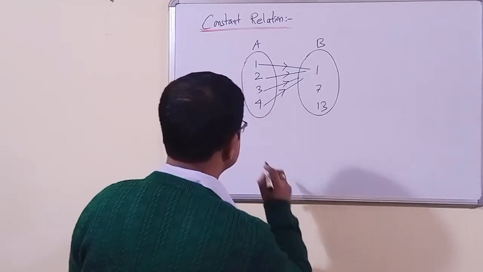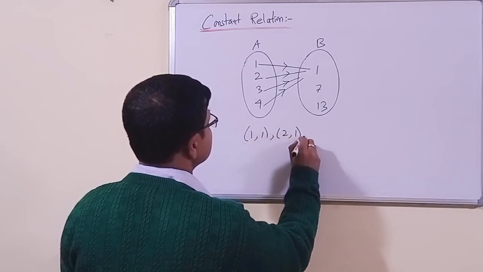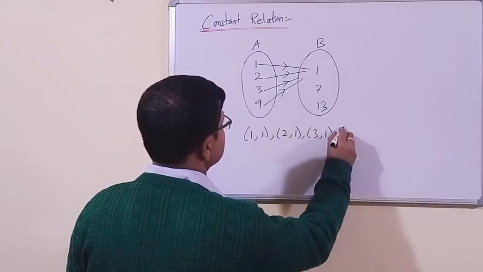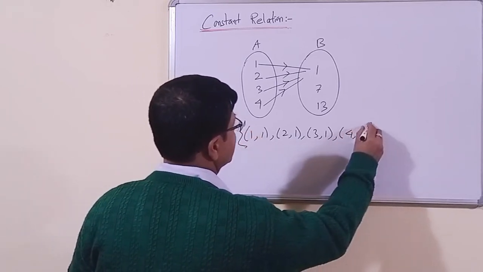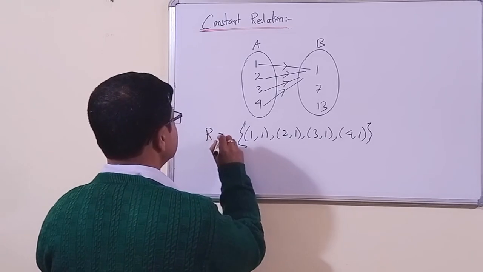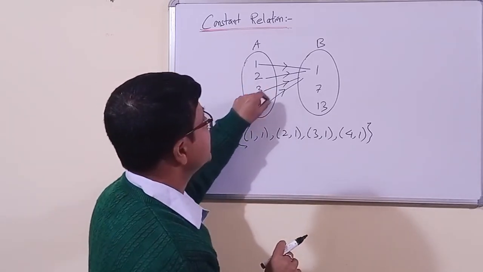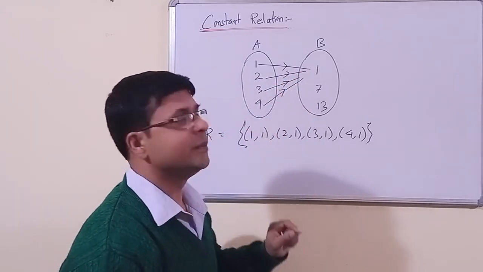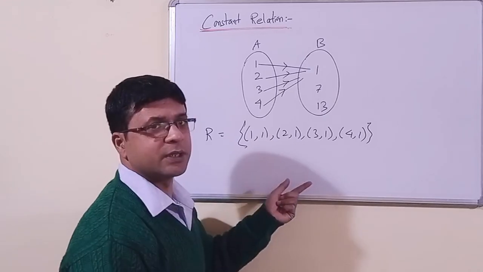So we get 1 1, 2 1, 3 1, 4 1. This is the relation where all the elements are related with only a particular element of set B, and that relation is called a constant relation.